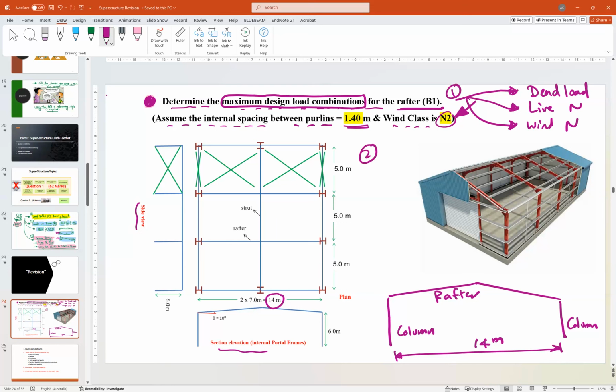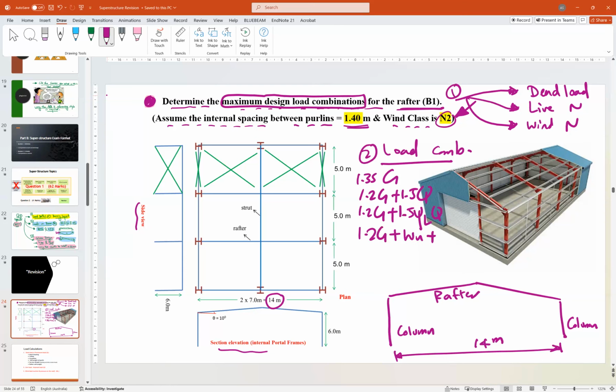Second step, after you find the loads, you can find the load combinations: 1.35 G first, 1.2 G plus 1.5 Q, 1.2 G plus 1.5 psi_L Q, 1.2 G plus WU plus psi_C Q, and lastly 0.9 G plus WU.